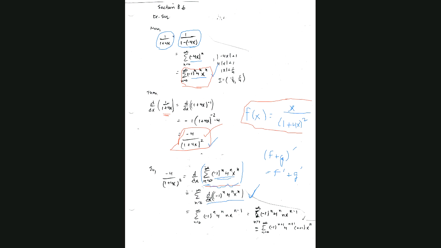Good, Robin, constants. So we can bring negative 1 to the nth power and 4 to the nth power out in front of the derivative. And then the derivative of x to the nth power is just n times x to the n minus first power.